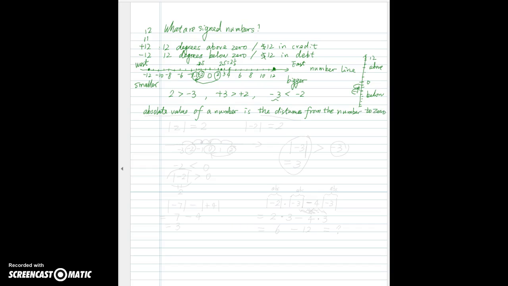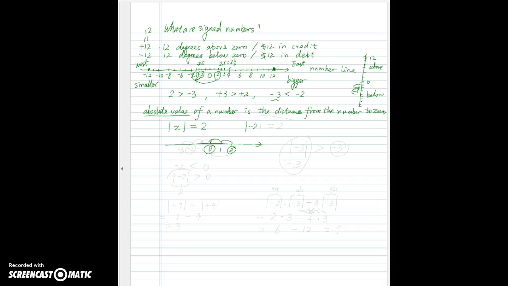So for example, we use the symbol absolute value, we use the 2 vertical lines. So if you have to do absolute value of 2, well, you can write a positive 2. And you count the distance, so let's draw the number line. So that's 0, that's 1, that's 2. And the distance from 2 to the 0 is exactly 2 units. So the distance, the absolute value, is 2.